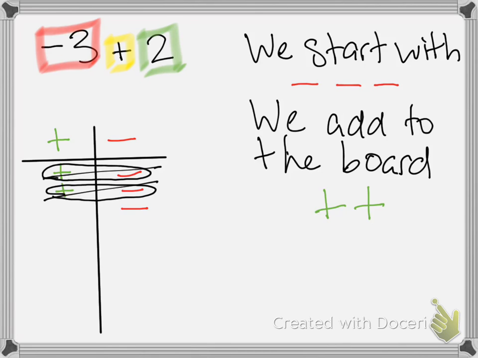So my answer is going to be -1. All right? So when you have a problem with 2 integers that have different signs, you're probably going to end up needing to cancel out some 0 pairs, and whatever you have left over afterwards is going to be your final answer.